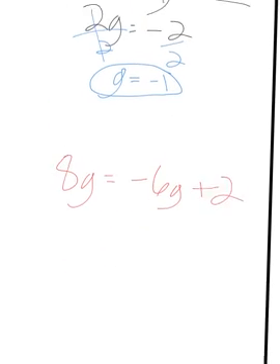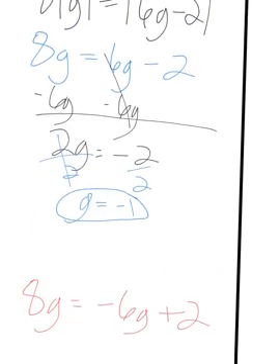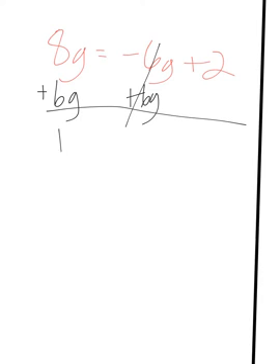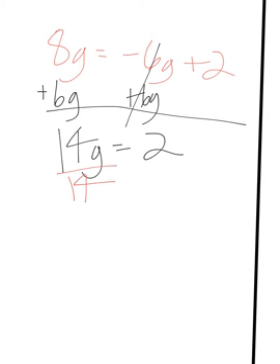So then go to the equation where we reversed both signs. And so instead of minusing 6g, I will plus 6g to the other side. And so I'll have 14g equals 2. This means I'll have to divide both sides by 14.